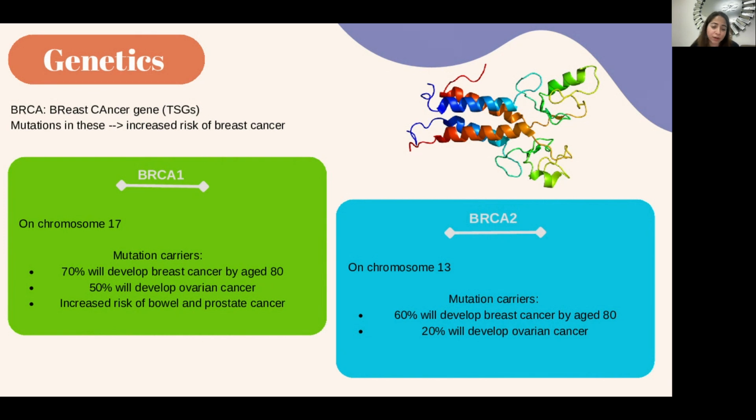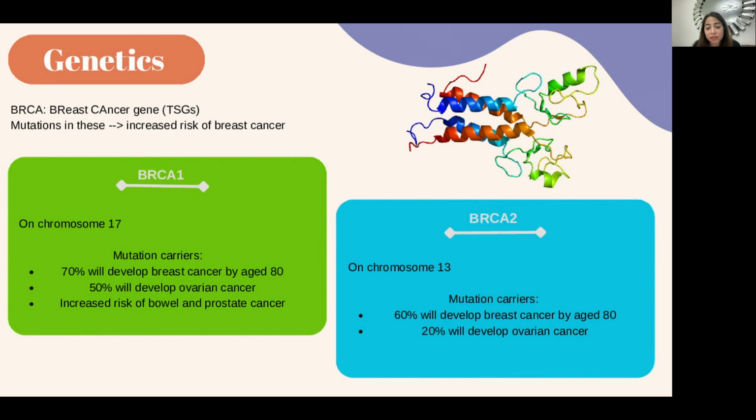BRCA1 is on chromosome 17, and if you're a carrier of a mutated BRCA1 gene, then 70% of these carriers are likely to develop breast cancer by the age of 80. They are also associated with some other cancers. Half of the patients who are carriers unfortunately go on to develop ovarian cancer, and there's an increased risk of bowel and prostate cancer as well, obviously prostate being in men.